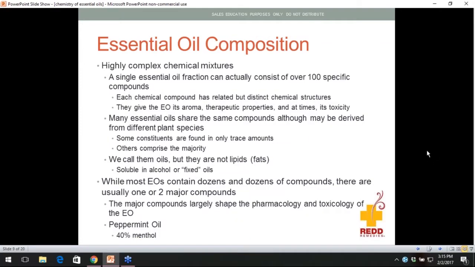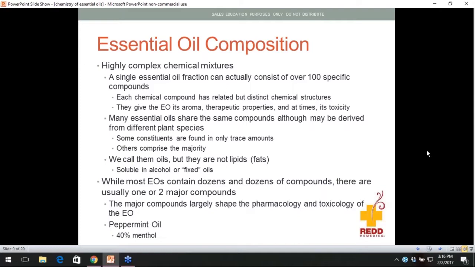All right, so let's talk about essential oil composition. Now, we speak of essential oils as a singular thing, but they're not a singular compound. They are highly, highly complex chemical mixtures. A single essential oil will usually consist of over 100 very unique and specific individual compounds.